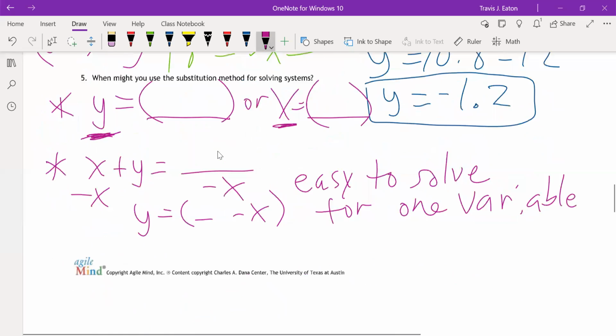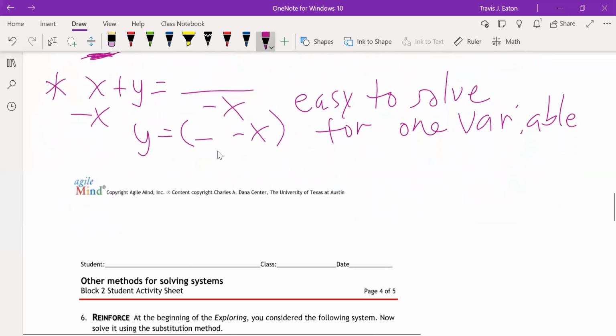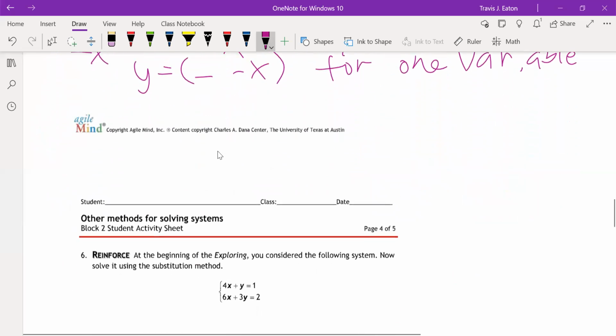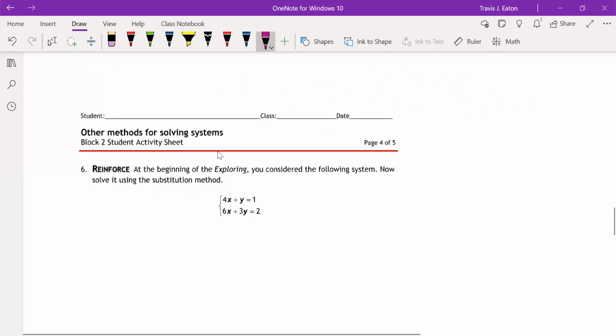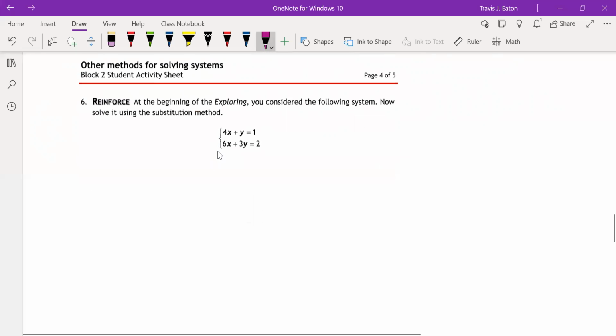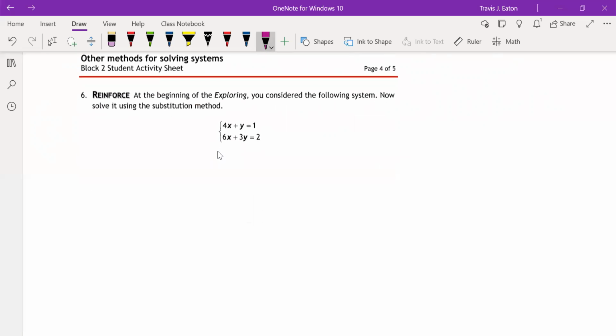All right, so moving on, let's take a look at question number 6. At the beginning of exploring, you considered the following system. This is a long time ago. Now we're going to solve it using substitution. So you can see now which of these equations will we use to start with.